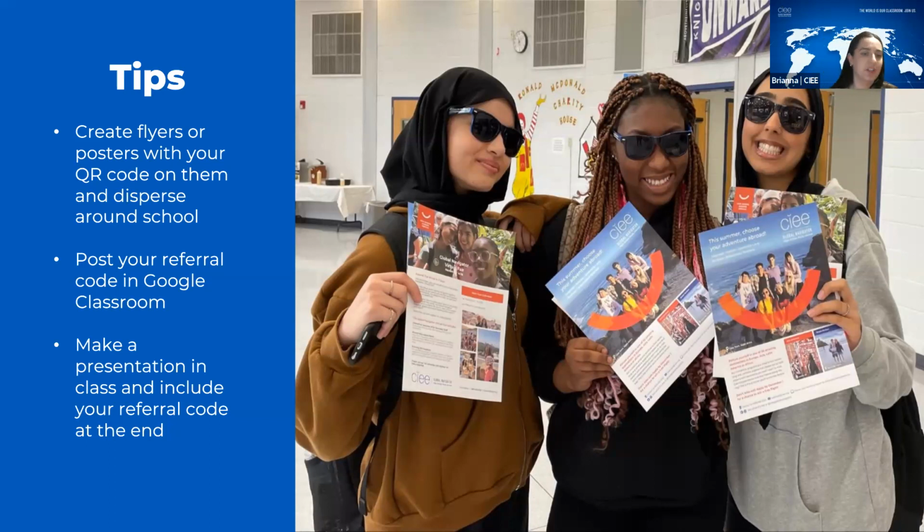Any kind of information that you give students about CIEE, include your QR code, because that way they will get a $200 discount off of their program, and you will get the credit for that referral. And we'll talk about some of the referral incentives in a minute.